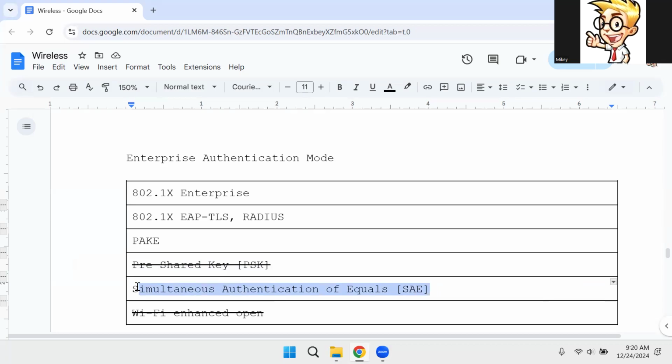SAE is the kind of algorithm that's used in WPA3. Authentication of equals. I know it's used in WPA3, PAKE. We have these two here are enterprise authentications. So even it says here enterprise authentication mode.